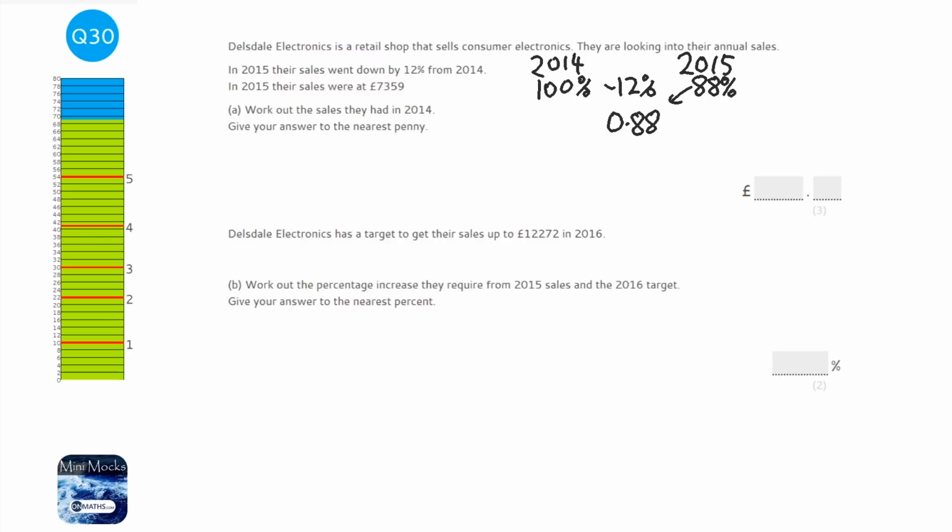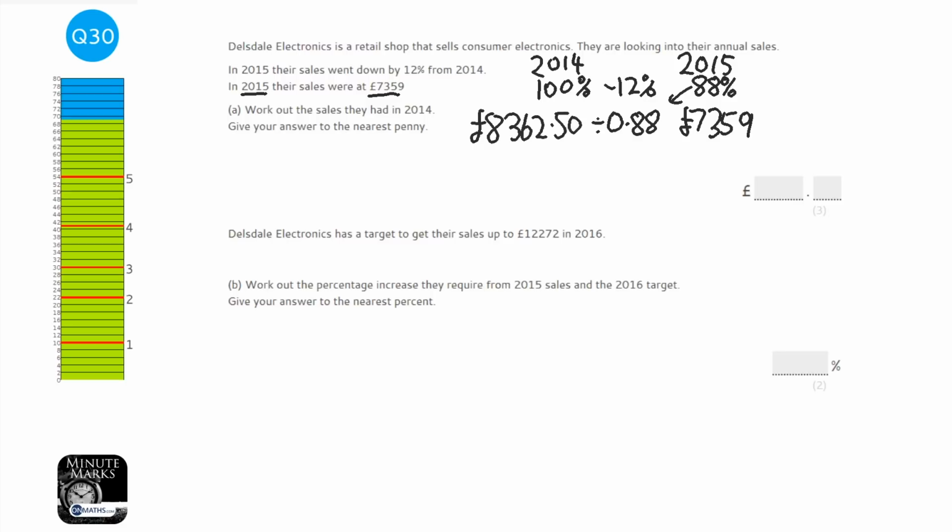But in this question, we're given the 2015 sales, so we're given this one here. So we want to work backwards. So what we want to do is we want to do, I'll get my calculator, 7,359 divided by 0.88, and that gives me £8,362.50.